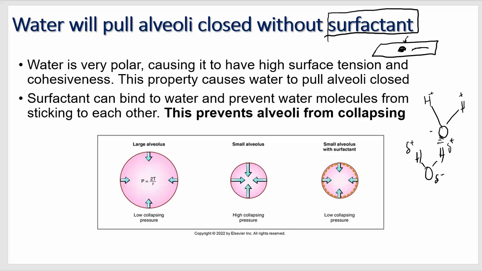So then if you give a surfactant, it's got one side that's polar, and so it will stick to the water molecule, and one side that's non-polar. Okay, so like a phospholipid has that fatty acid chain on the end of it, and what that does is it occupies the water molecules, so other water molecules aren't able to stick to them.